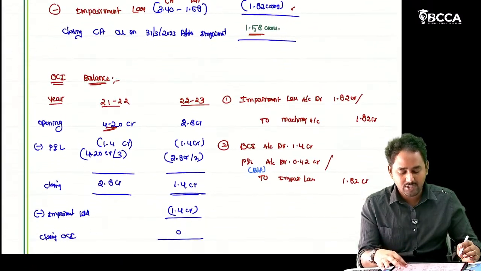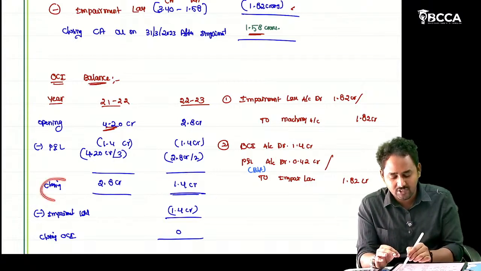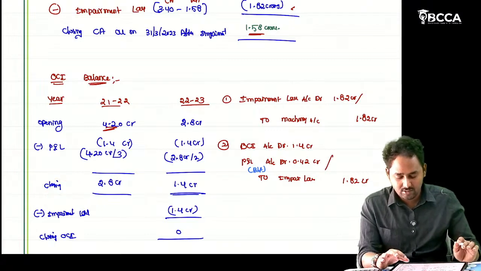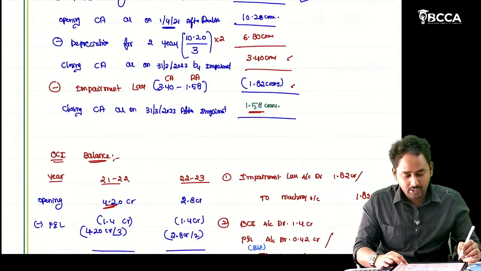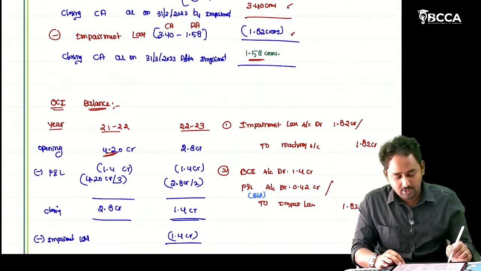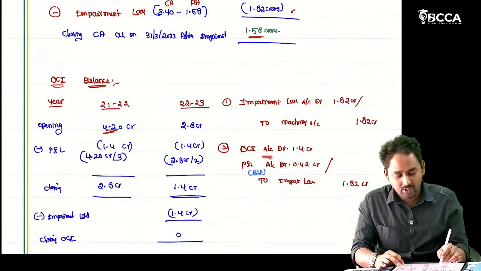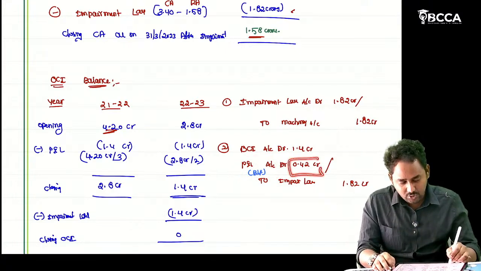What is the OCA balance? The OCA balance is 1.4 crores as on 31st March 2023. So the impairment loss of 1.82 crores should be set off against 1.4 crores, which is the OCA balance. The remaining balance should be set off against P&L, 0.42.